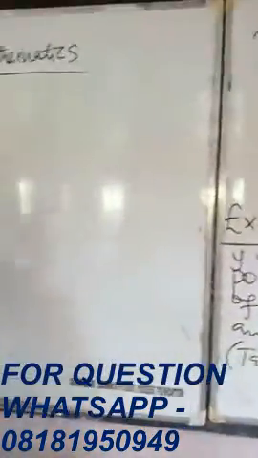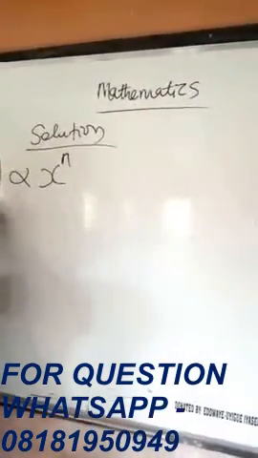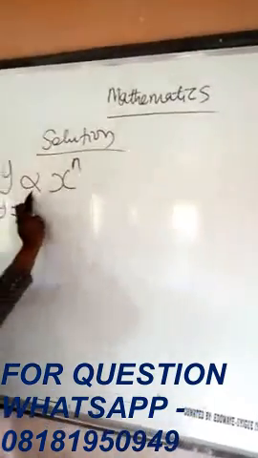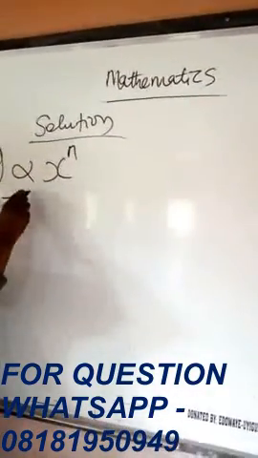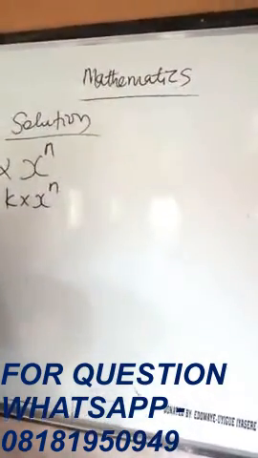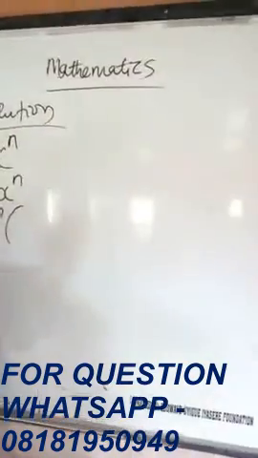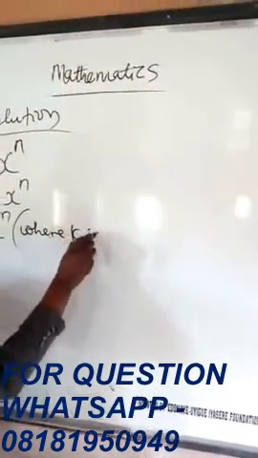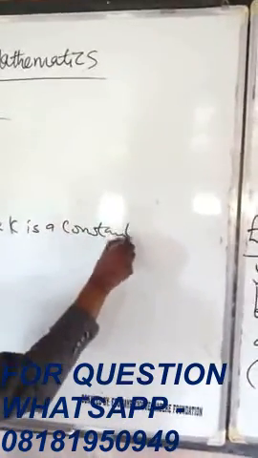Are you seeing it now? We have translated. Now what we do here is this. By the time you remove this variation sign or sign of proportionality, you multiply the quantity you have this way with k, which is k times s raised to power n, and that will give us k s raised to power n. You must tell the examiner what your k is, where k is a constant.